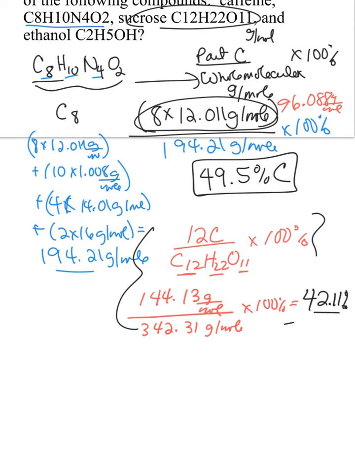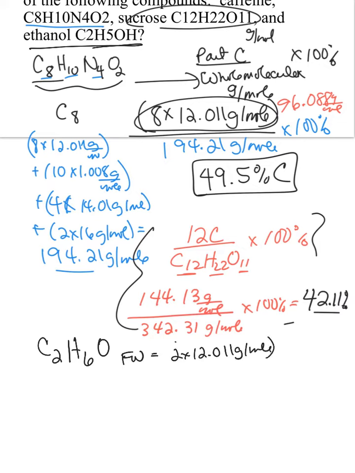Okay, the last one is ethanol. And ethanol is C2, instead of H5, we're just going to go ahead and make that H6 oxygen. And that formula weight, that mass, would be 2 times 12.011 gram per mole plus 6 times 1.008 gram per mole plus 1 oxygen, 16 gram per mole.